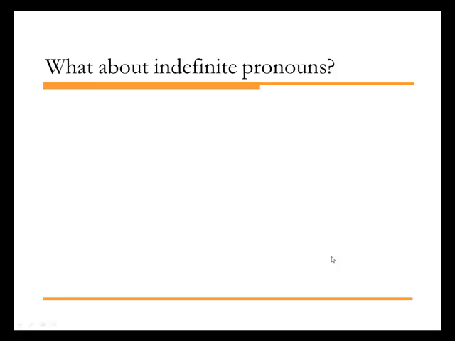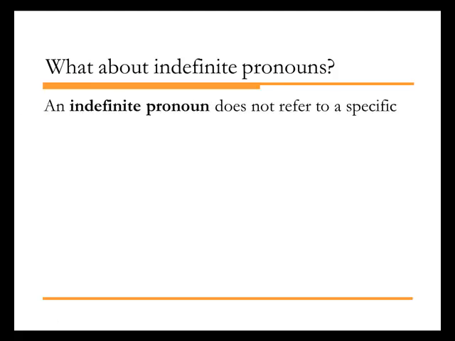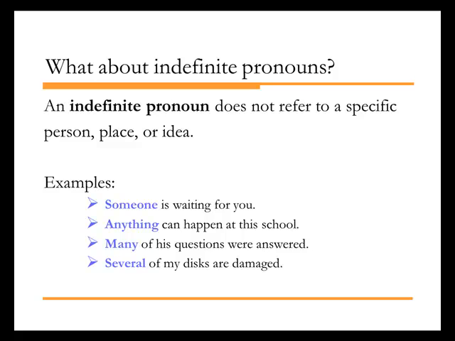What about indefinite pronouns? Well, to start with, an indefinite pronoun does not refer to a specific person, place, or idea. These words right here in blue are examples of indefinite pronouns.